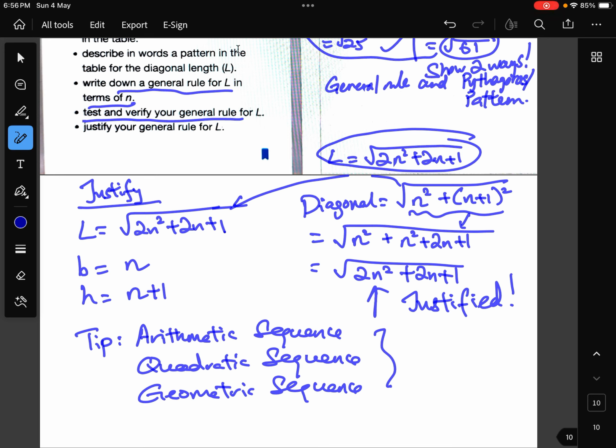Even if you make up a general rule that might sound a little absurd, as long as it is relevant to the pattern that you have written, you may get some credit out of this. So it's not the end of the world if you don't get the correct general rule. But ultimately, if you want to do well, make sure you know these skills and get a lot of practice on that.